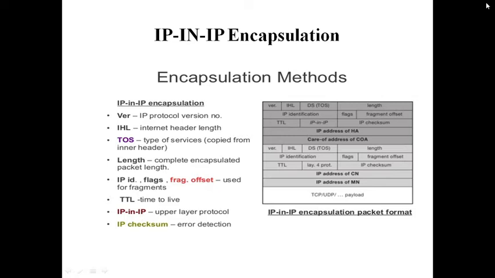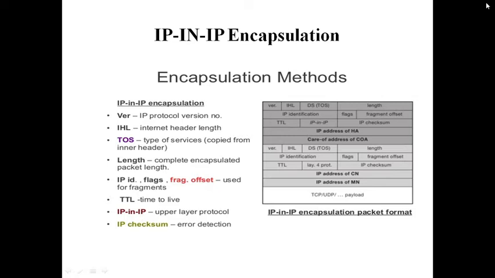And the next one is DS or TOS. It is just copied from the inner header. We will be having one outer header and an inner header, right? So the inner header is copied by this DS or TOS. Just that same thing is copied here.